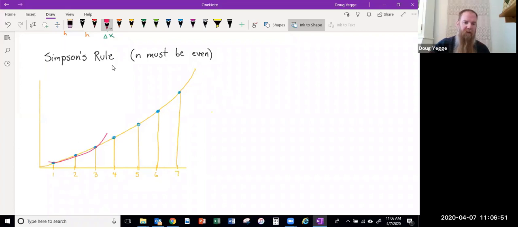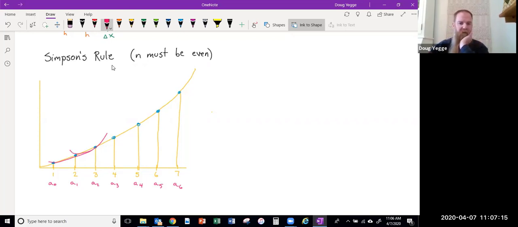So notice that this right here would be my A0 and A1 and A2 and A3 and A4, A5 and A6. But now Simpson's rule, there's a great derivation that shows why this formula works, so I would like you to watch those.